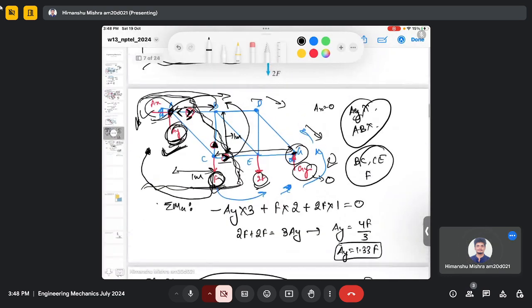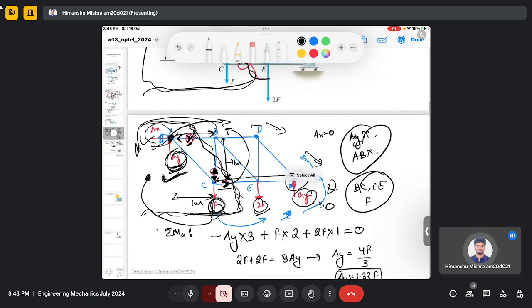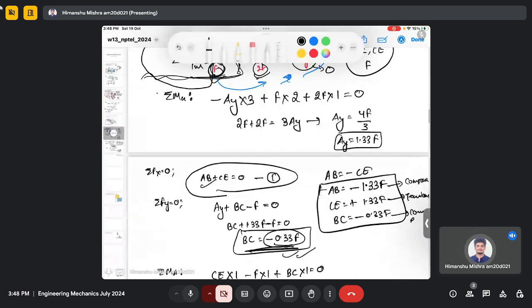And BC, again, we have assumed the incorrect direction, so it's basically going towards point C and towards B here, so it's compression. So AB and BC are in compression and CE is in tension.